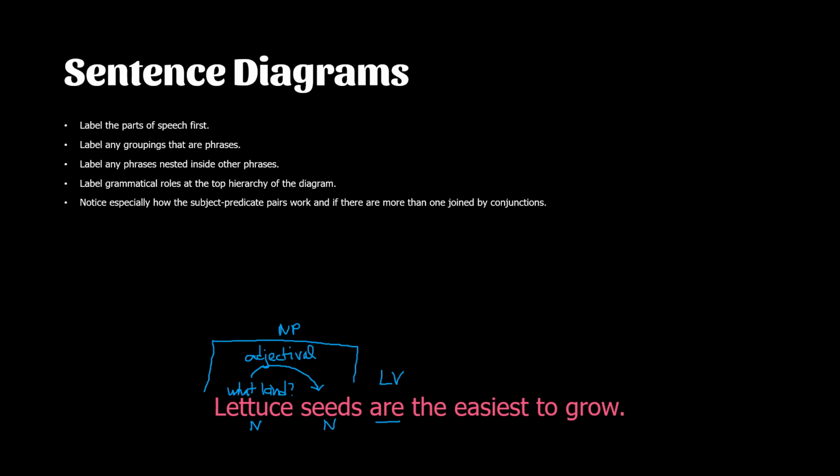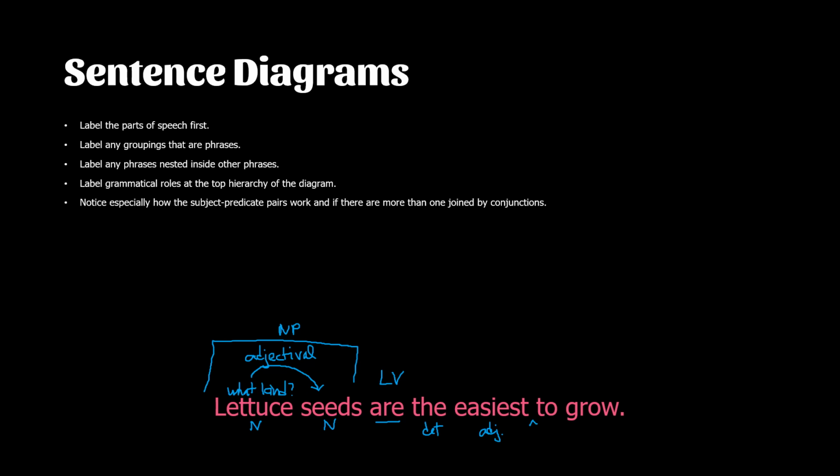Next, we have the easiest. So the is a determiner. Easiest is an adjective. But we don't usually have determiners in front of adjectives without a noun. So we have no noun here. You could say seed or plant or vegetable or something like that and put it here.